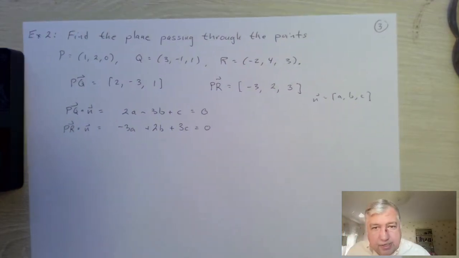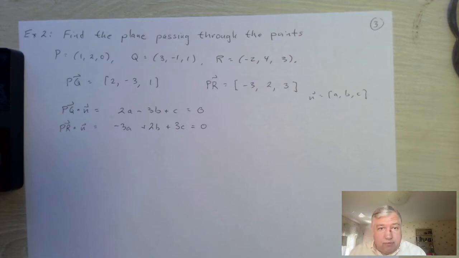Now, this is a system of two equations and 3 unknowns. We're going to talk a lot more about systems of equations in the next chapter. It turns out in general, when you have more variables than equations, you're going to get not just one solution, but many solutions, as long as the equations are not multiples or linear combinations of each other.